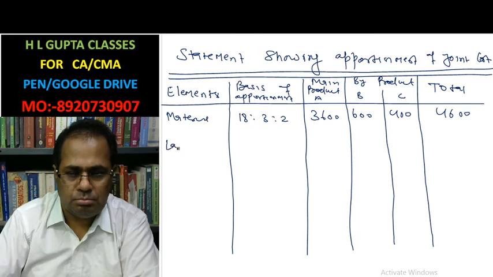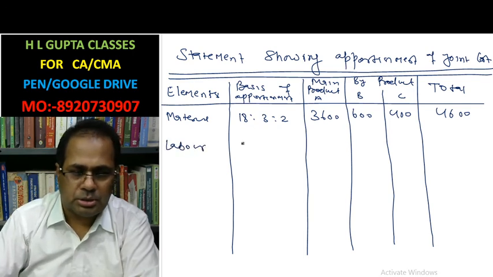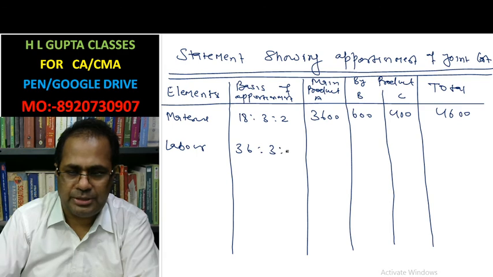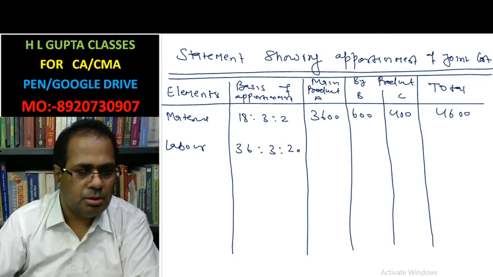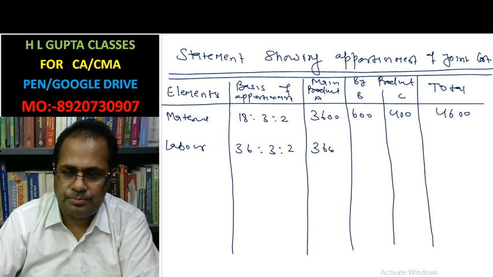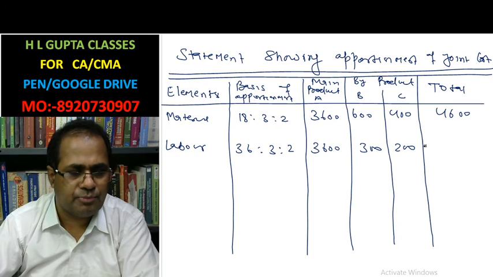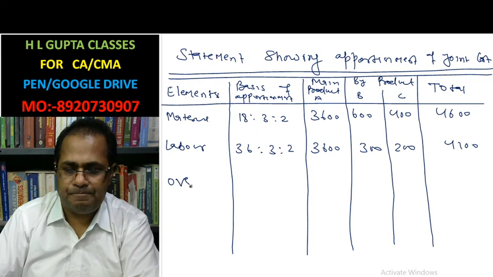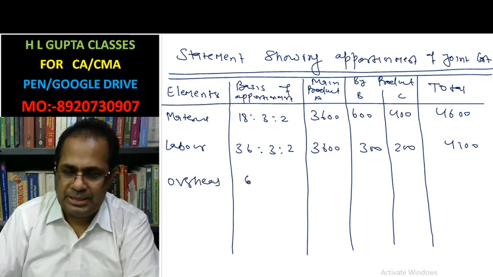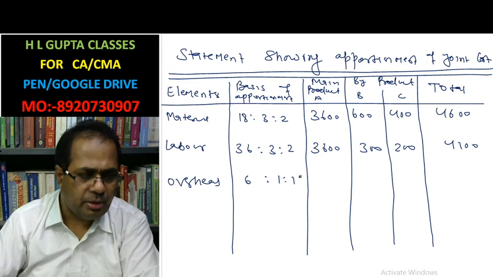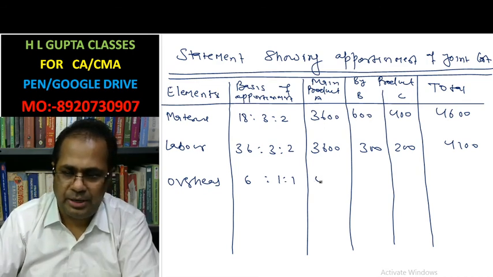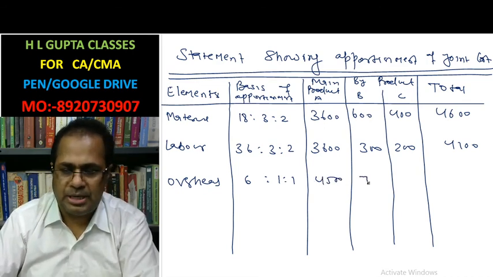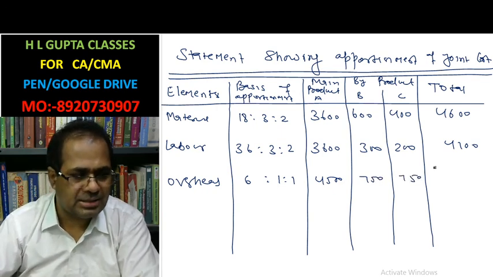Labor: 36 is to 3 is to 2, that is 3600, 300, 200, total 4100. Overheads, it is given 6 is to 1 is to 1: 4500, 750, 750, total 6000.